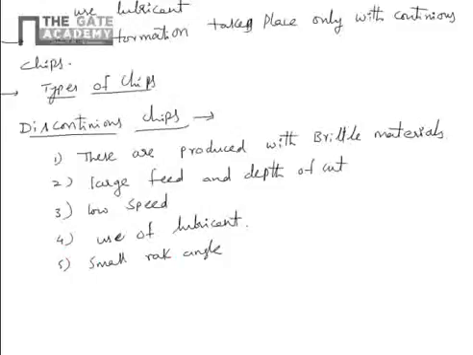Next one is continuous chips. When will continuous chips form? What are the factors responsible for formation of continuous chips? Continuous chips without built-up edge, because built-up edge forms only with continuous chips.